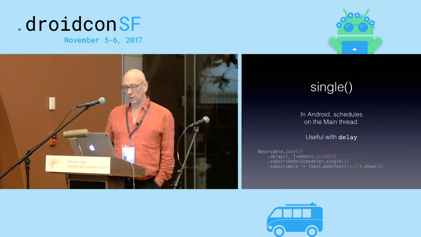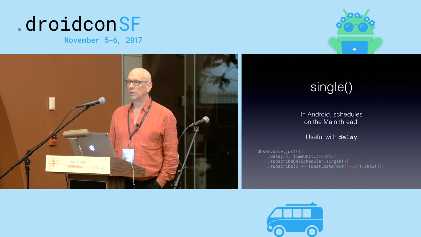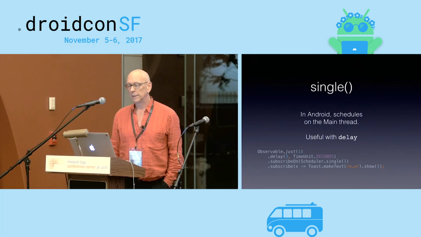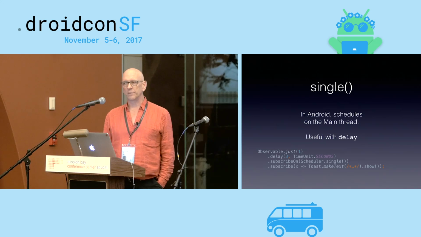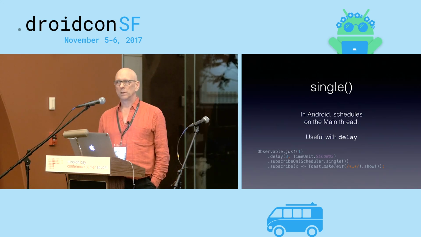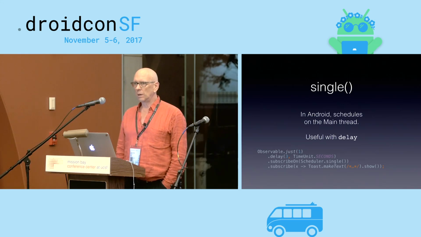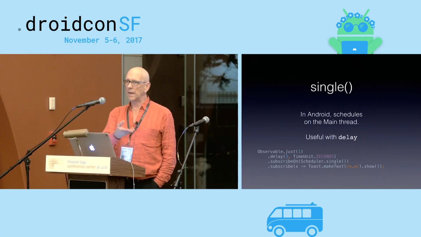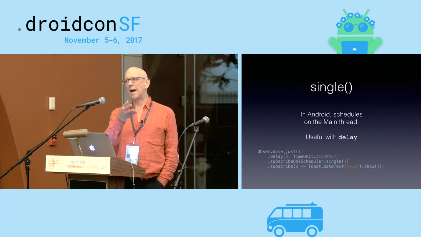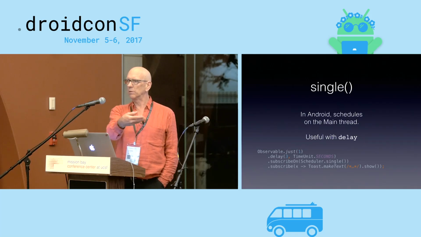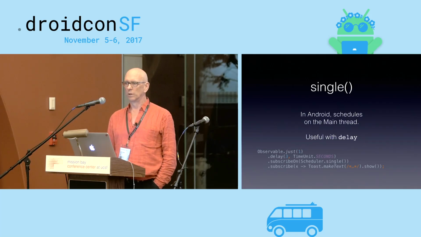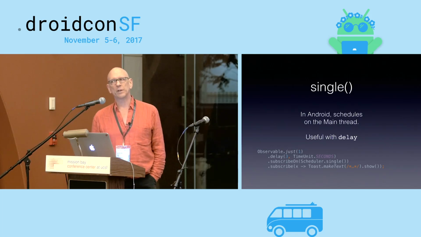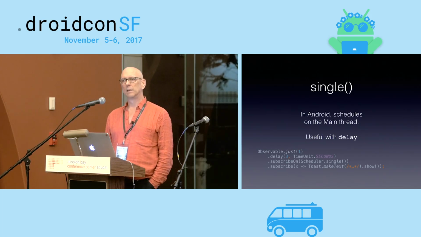So the single thread in Android schedules things on the main thread, on the UI thread. There's reason to do this. It's actually smart. It uses messages and the handler to schedule things at particular intervals in the future. The single is particularly useful with delay.